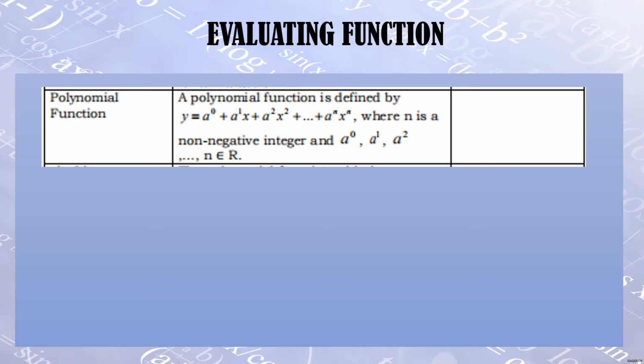Okay, next we have the polynomial function. When can we say that a function is polynomial? We can say a function is polynomial if we have f of x, and the exponent of the variable x on the right side is 0, meaning it is just a constant. That is why the constant function we mentioned earlier is also a type of polynomial function.